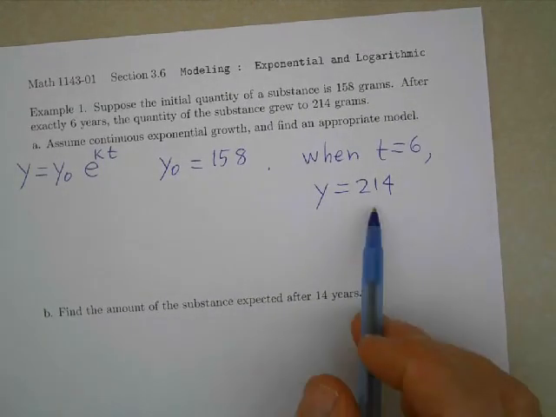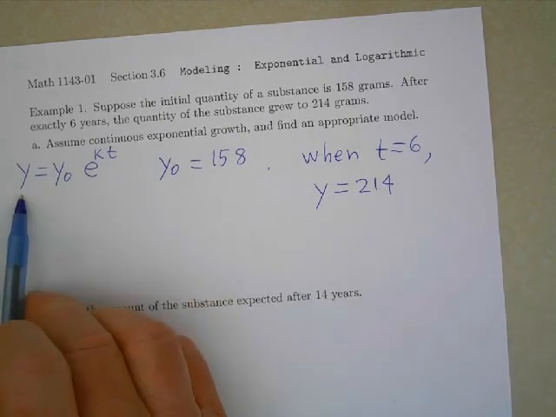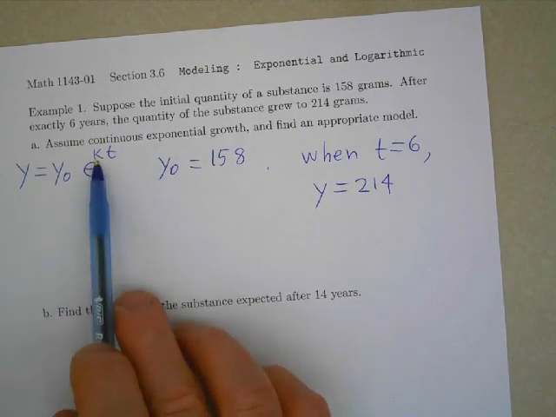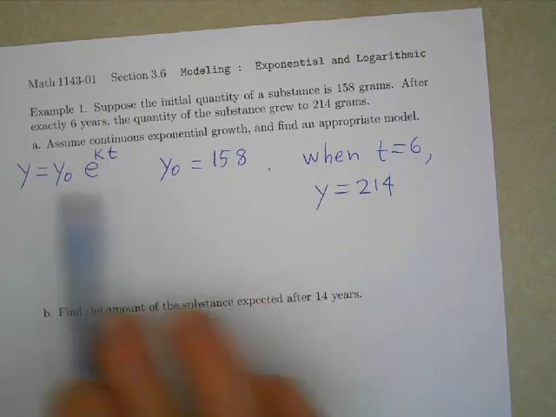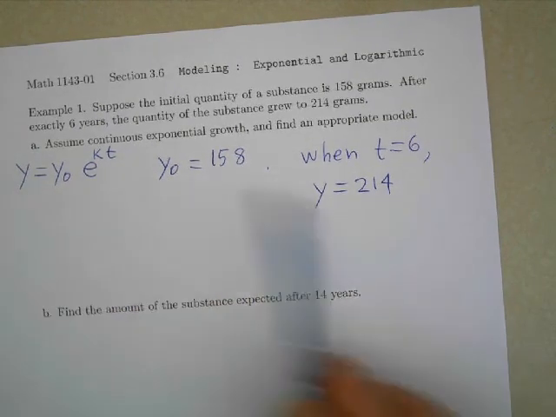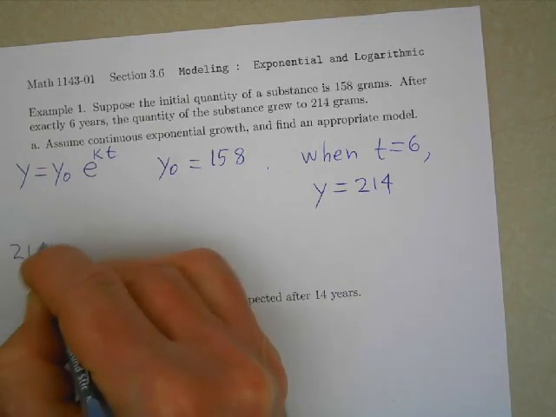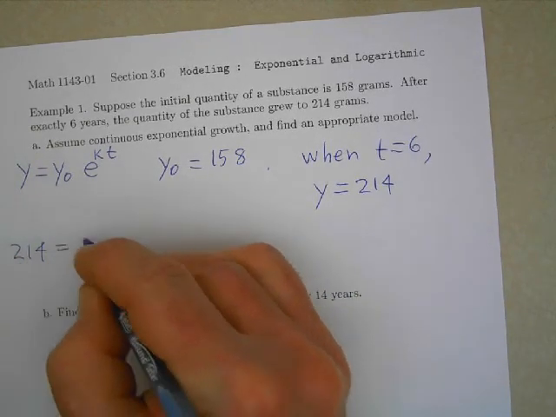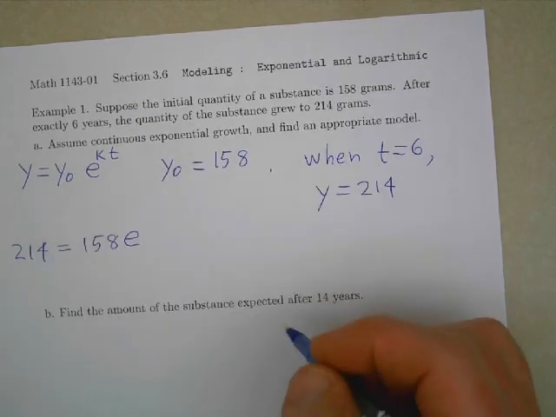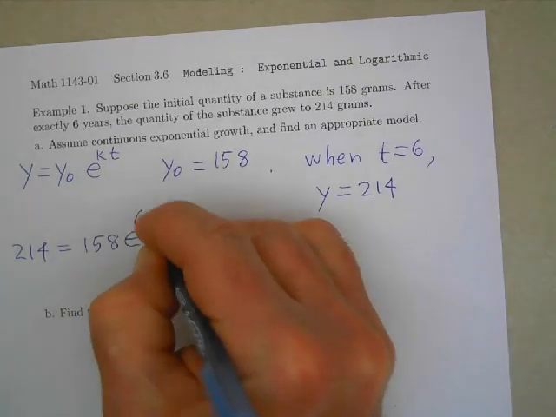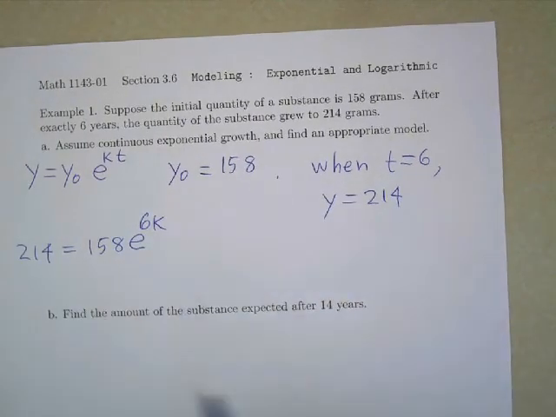What we're trying to do is determine what k is. We already know what the initial quantity is. So we replace y with 214, set that equal to 158 times e to the 6k. And then we just solve this for k.